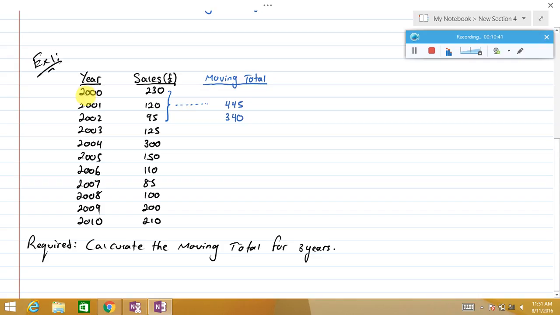Cut the first one, and then you continue with another 3 years. How much? So you get 340. Then the same thing, repeat again: cut the first one, another 3 years, how much?